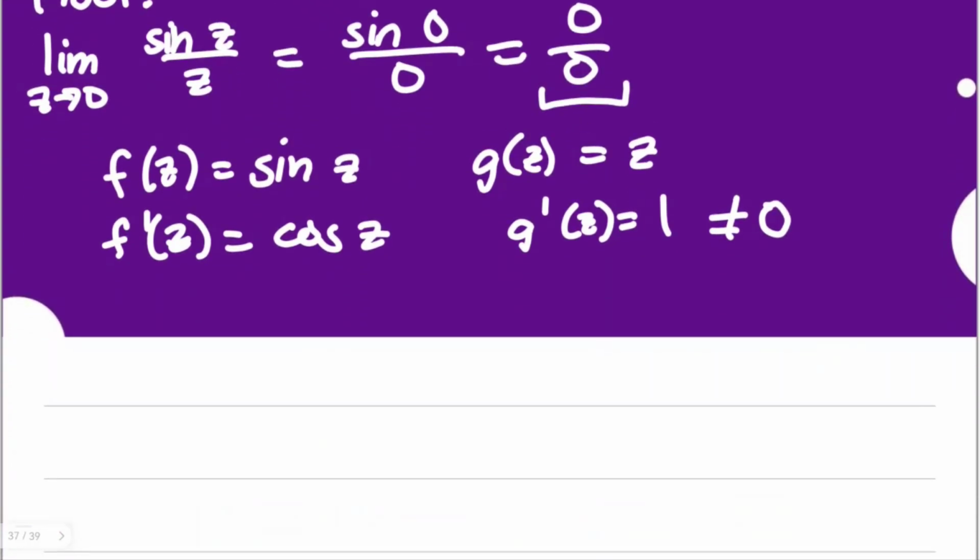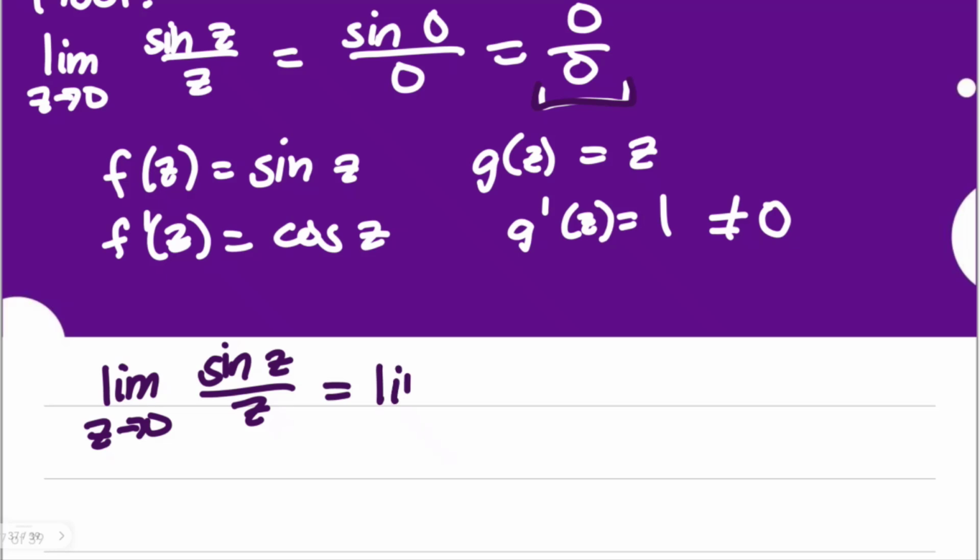Because we are told that the limit of the original functions, sine z over z as z approaches 0, according to L'Hopital's rule, since it resulted in an indeterminate form, is just equal to the limit of the ratio of their first derivatives. The derivative of sine z is cosine z. The derivative of z is 1 as z approaches 0. Obviously, our denominator is no longer 0.